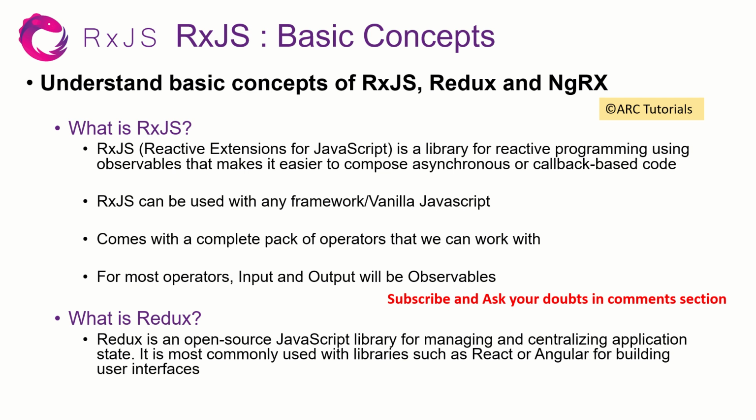You make an API call once, you get the data, and when the user navigates from one view to another, or one screen to another, or one page to another, the data is served from the store, which is a state, right? So that data is stored in a central place and is given to different routes or screens or views. It's commonly used with libraries like React or Angular. So think of it this way: Redux is an open source JavaScript library for managing and centralizing application state.